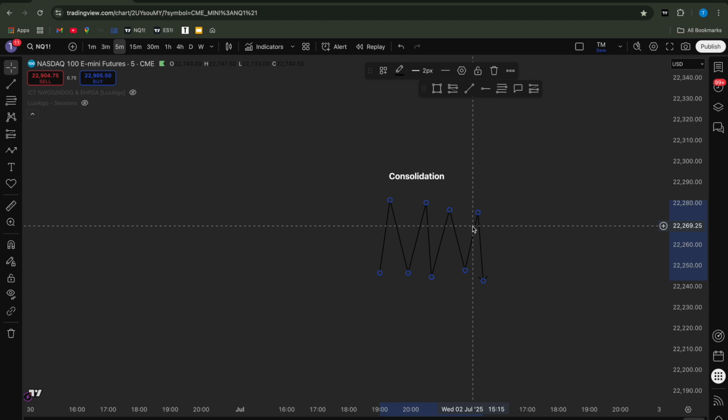It's important you spot when price is consolidating because you do not want to be in a trade when the market is like this, because you're more than likely going to be stopped out and the price action is pretty bad. Nowadays it's usually the New York AM session, but usually price consolidates in the Asia session overnight.